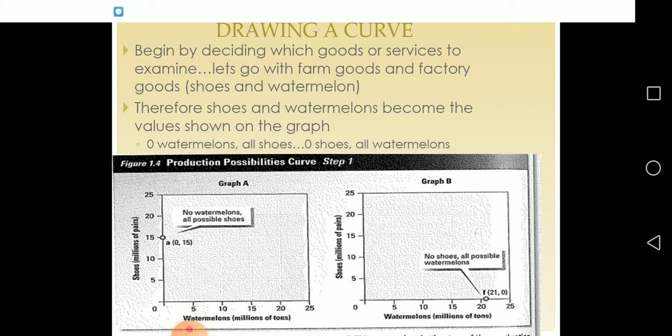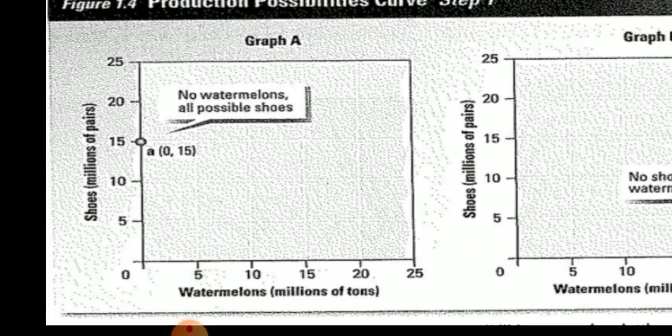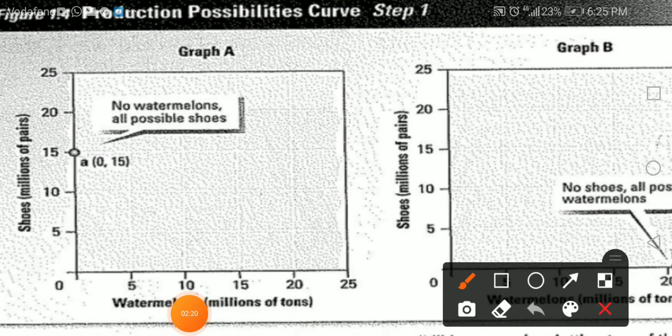When I look at point A, it's very easy to know that I have zero production of watermelon. This means no watermelons. And can you see this point? Yes, I have 15 millions of pairs of shoes. So when I have no watermelons, I have 15 millions of pairs of shoes.